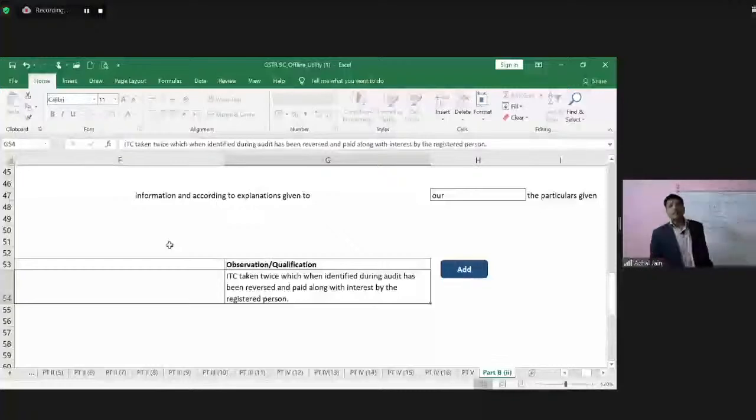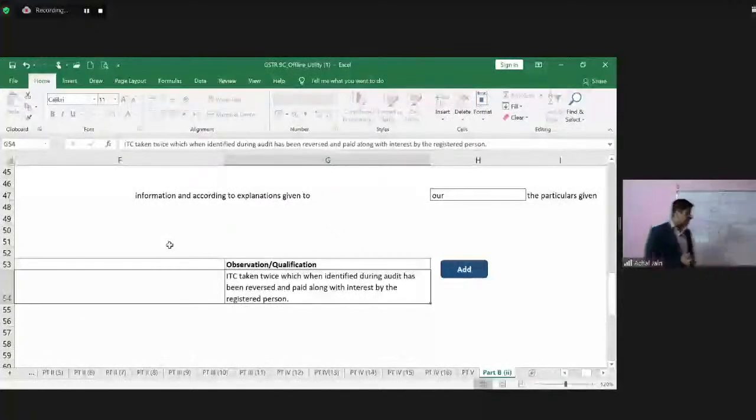Liability was underpaid to the extent of ITC taken twice, and now that has been reversed. Once this has been reversed, the interest on this liability which could not get paid has also been paid.